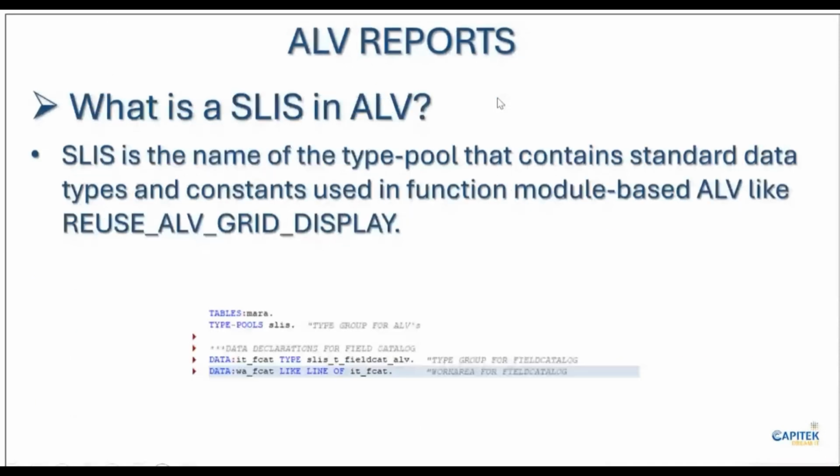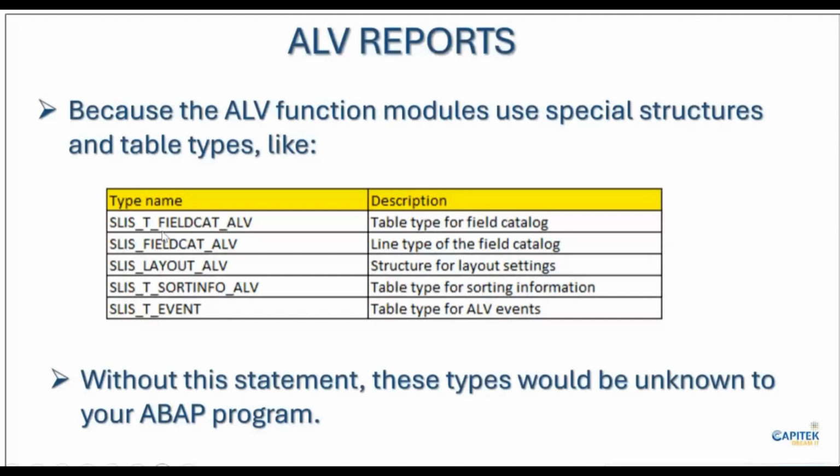For every parameter there is an associated type. You can see the field catalog SLIS_T_FIELDCAT_ALV. This is a table type. SLIS_FIELDCAT_ALV is a line type. Line type means it is like a work area, a single record. Table type means multiple records.